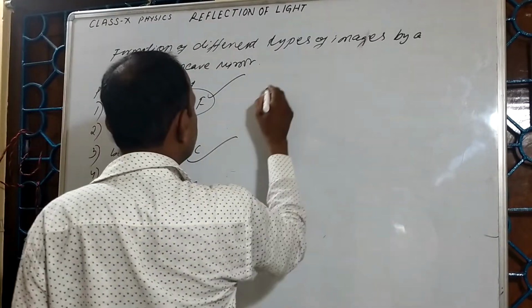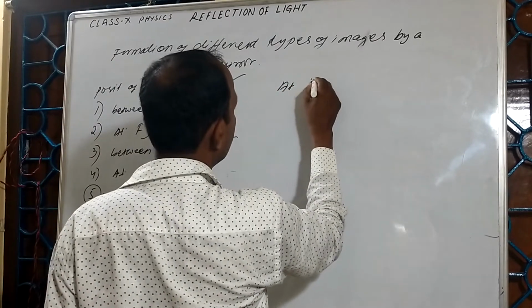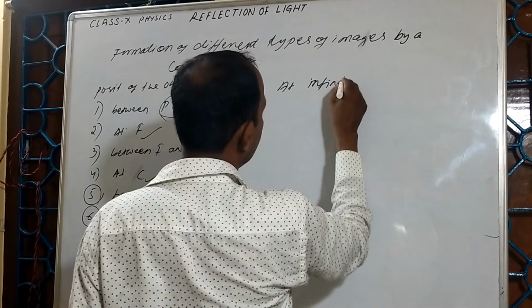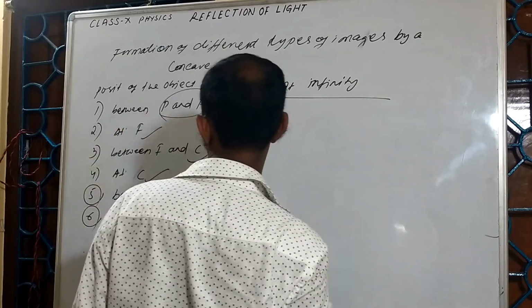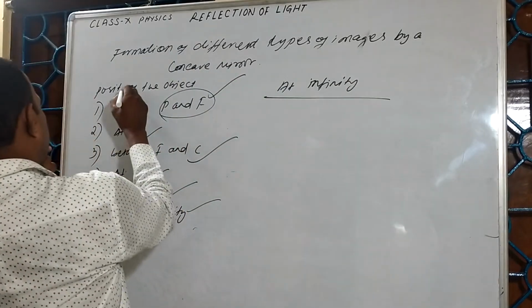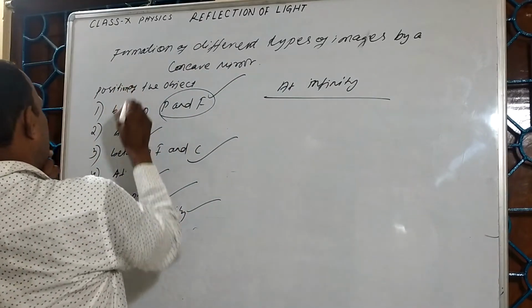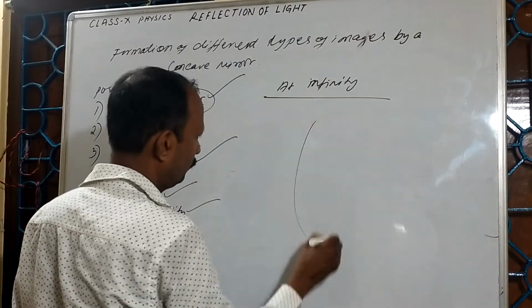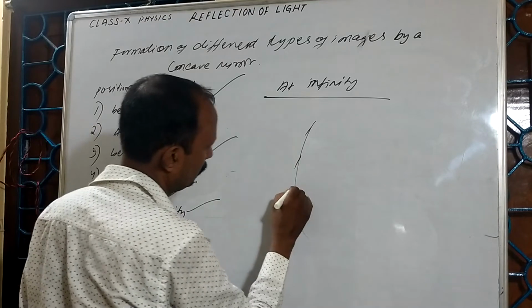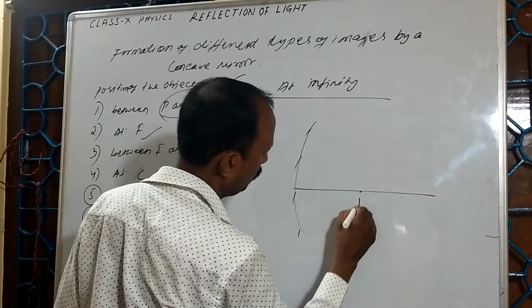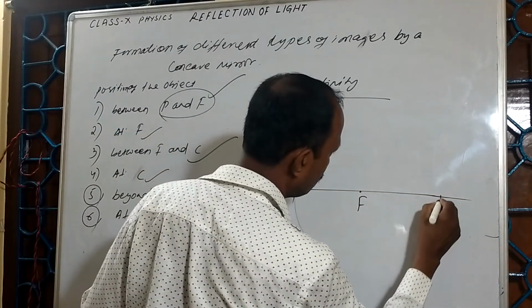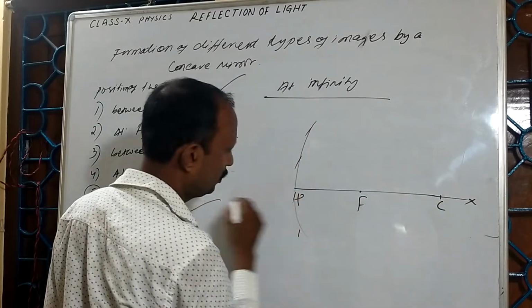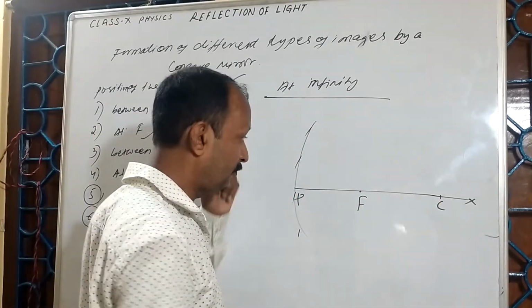Object at infinity. Position of the object. Okay. Now, this is the focus, this is the center of curvature, this is the pole. Object at infinity.